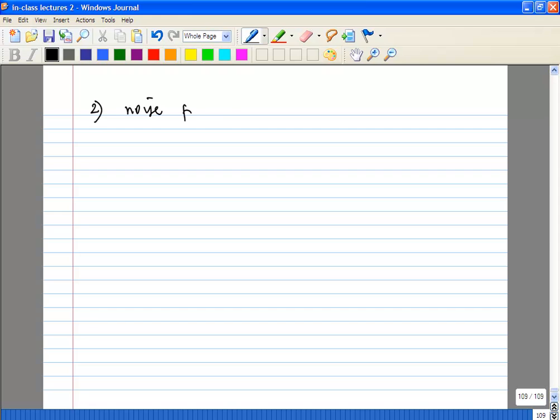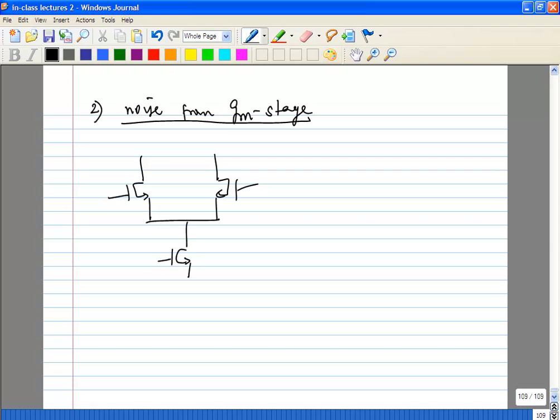So next, let's look at the noise from the gm stage. Again, we'll go back to the single balanced mixer. So this is of course V bias plus V_RF, and we have a V_LO here.